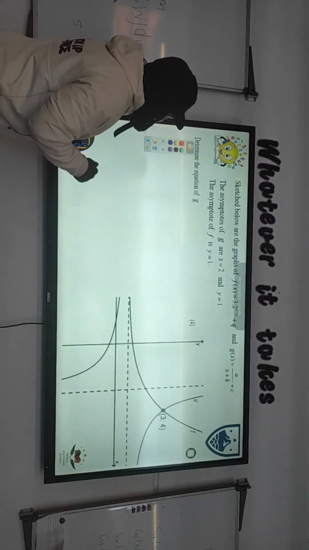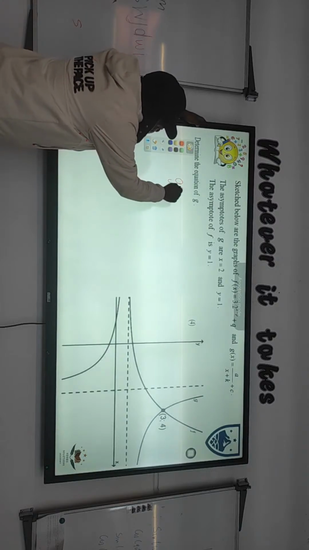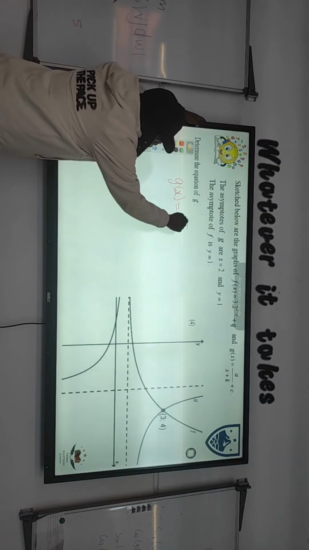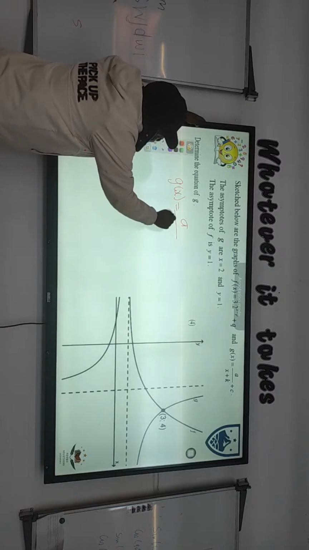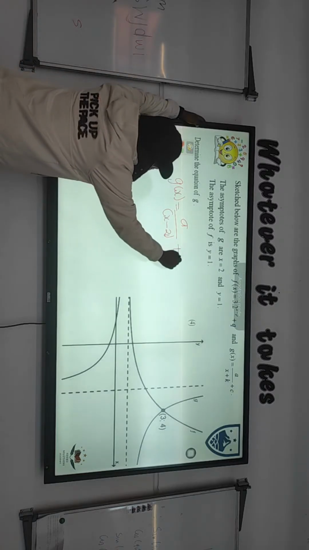We want to find the equation of G. So we've agreed that G of x is equal to A over x minus 2 and then plus 1.